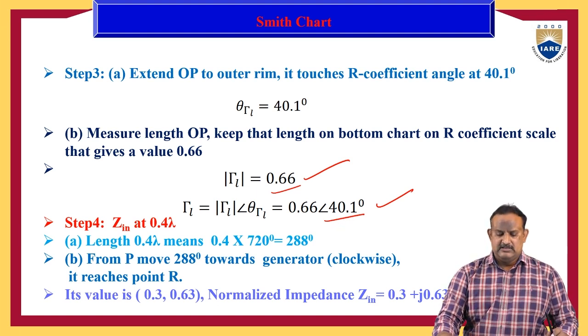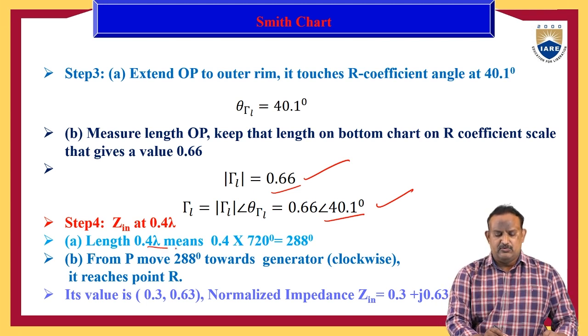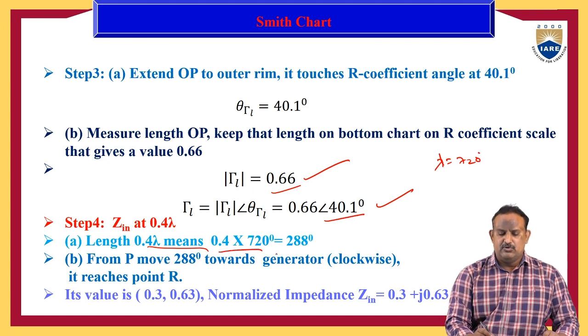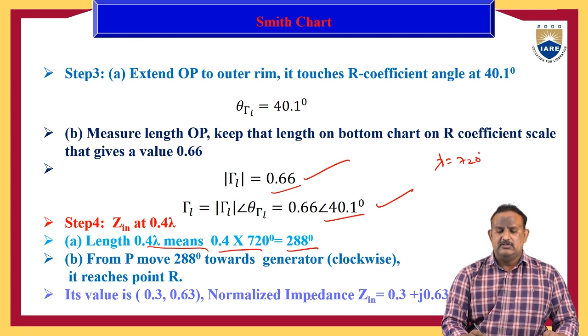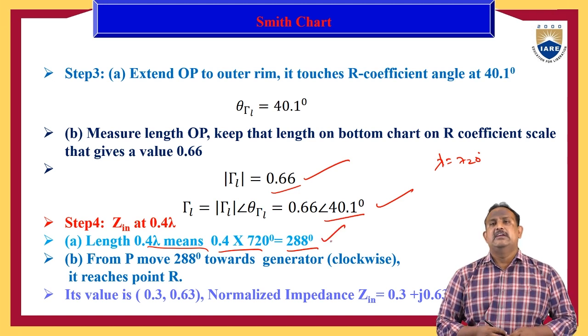Next, we will find the input impedance at 0.4 lambda. Here lambda is nothing but 720 degrees. Therefore, the length 0.4 lambda means 0.4 into 720 degrees, which is 288 degrees.